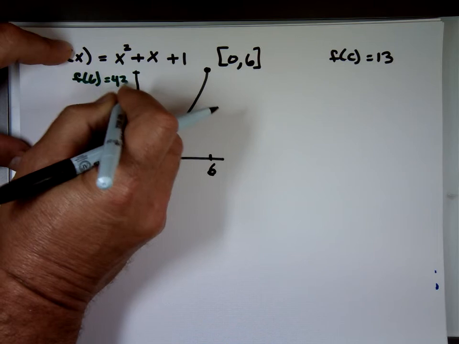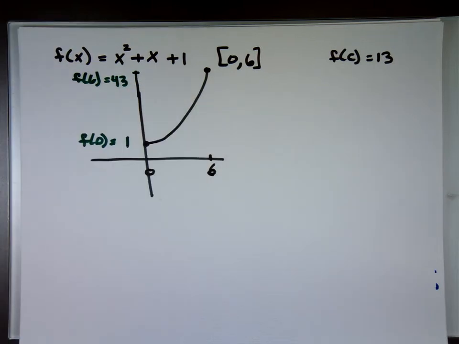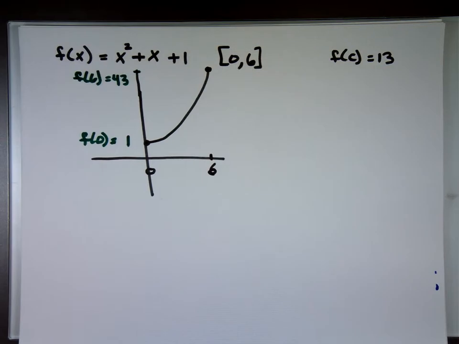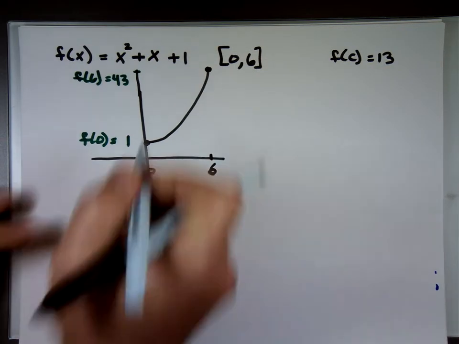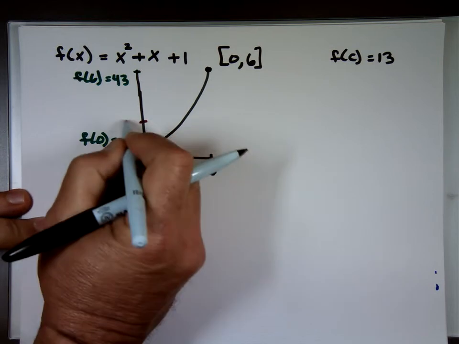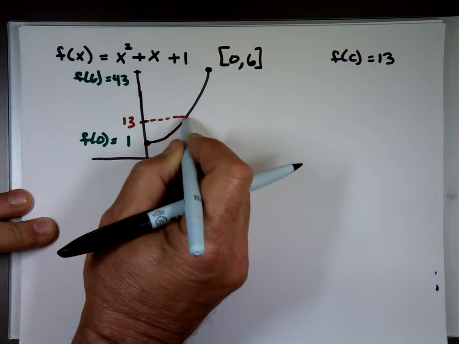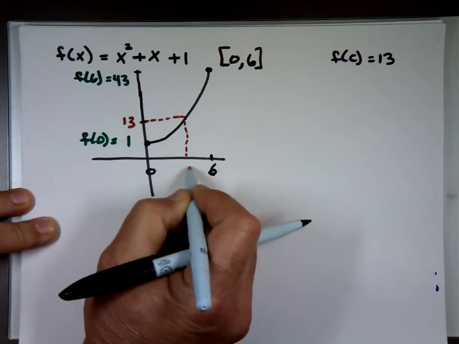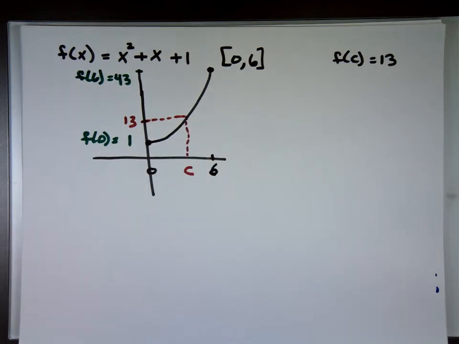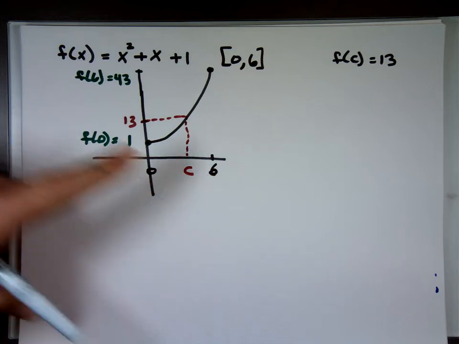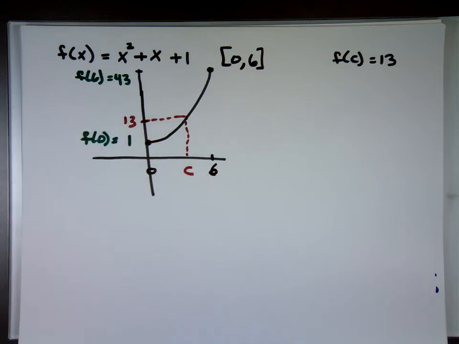Now, if you pick a number between 1 and 43, and they chose the 13, it says there has to be at least one value between 0 and 6. That's what the theorem says. It has to be a number between 0 and 6 where the value of the function is equal to 13.